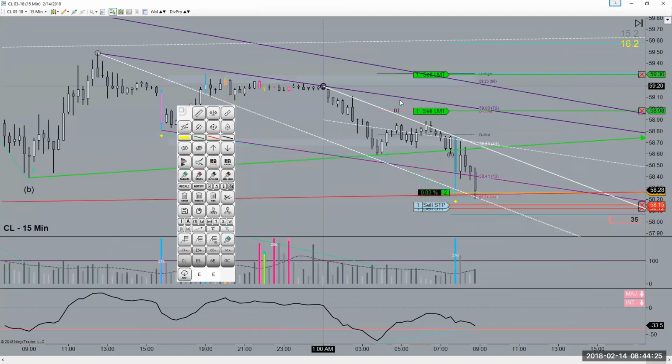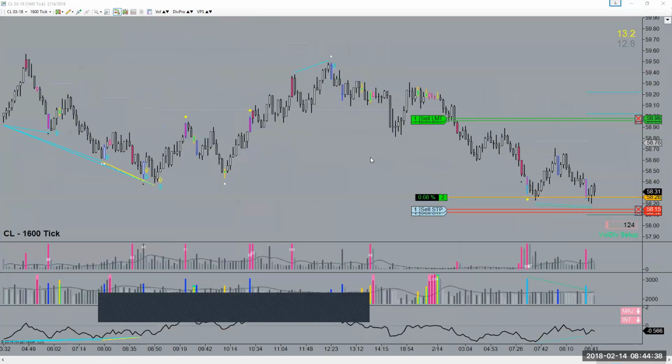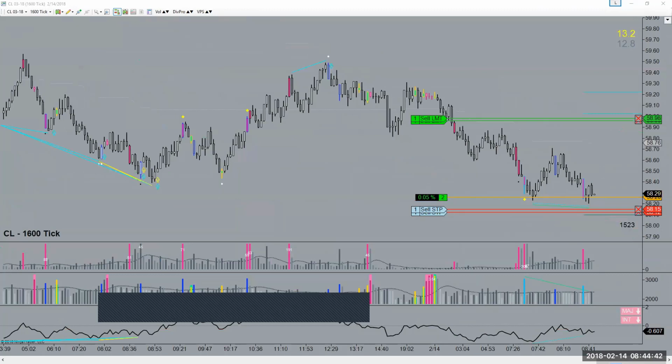I'll attach that first order here at 59, that trend line down-sloping baseline. And then this one on the tick chart.